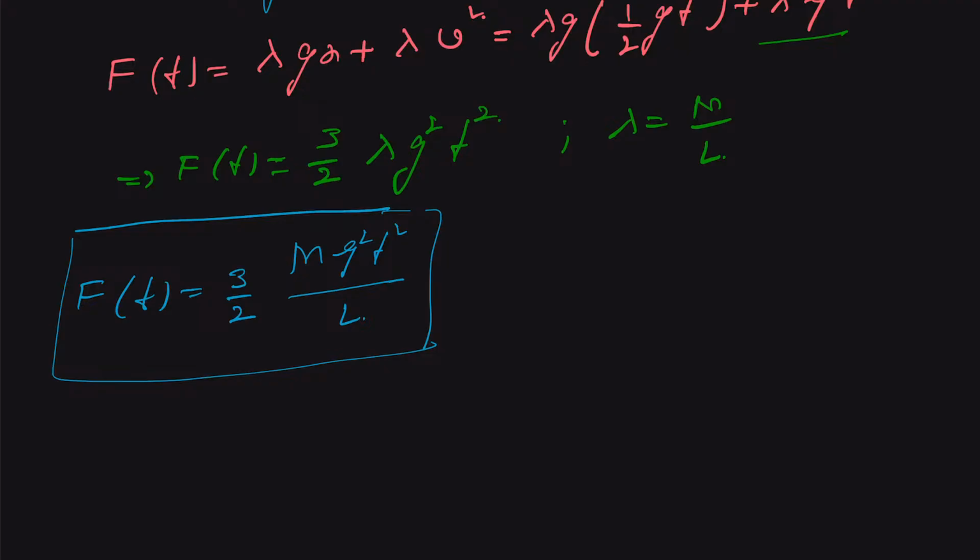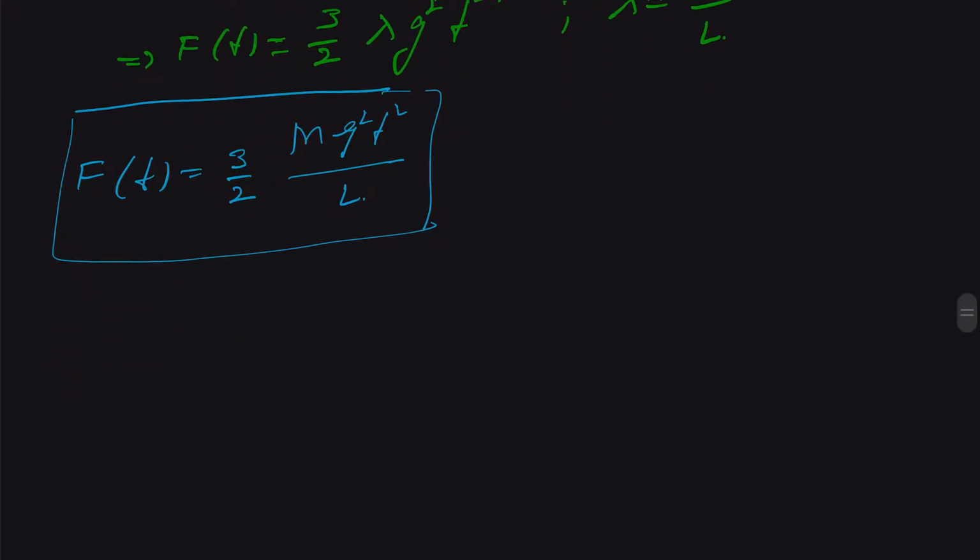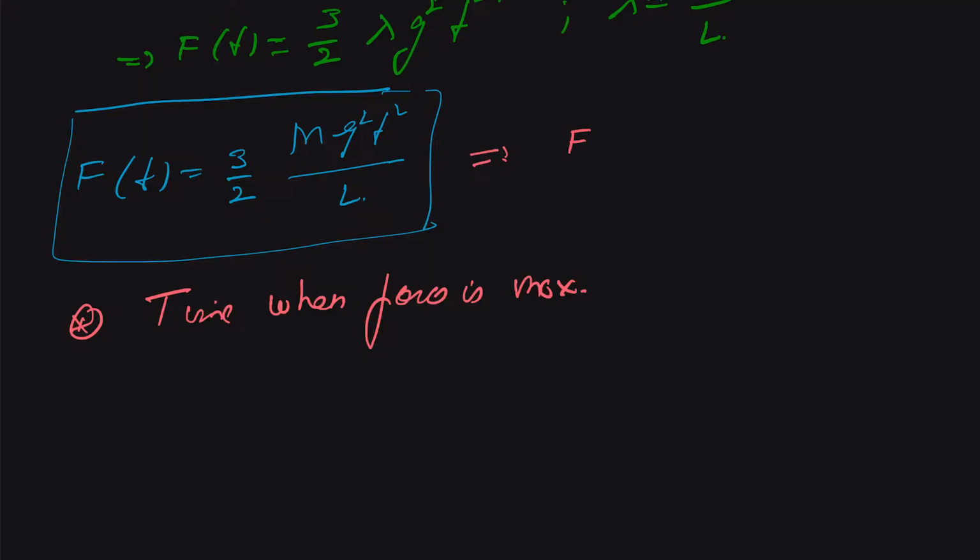And next we have to find out the time when the force is maximum. From this equation we can say that F of t is proportional to the square of the time.